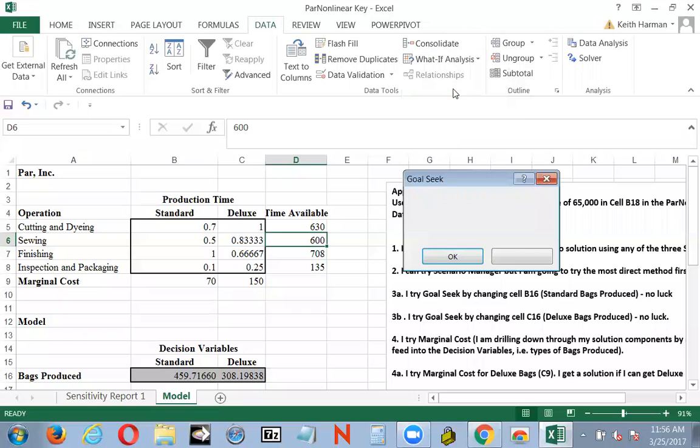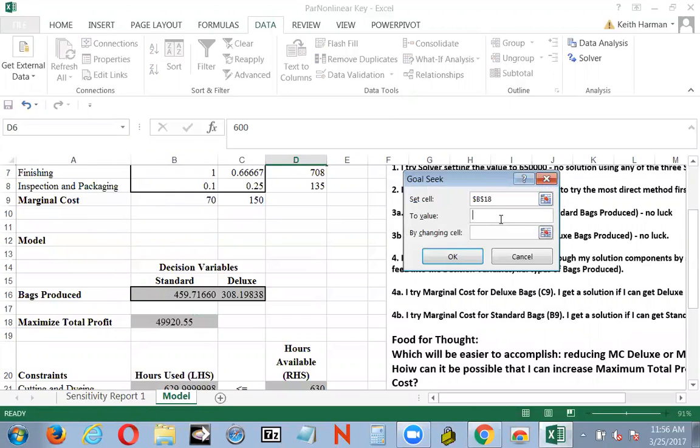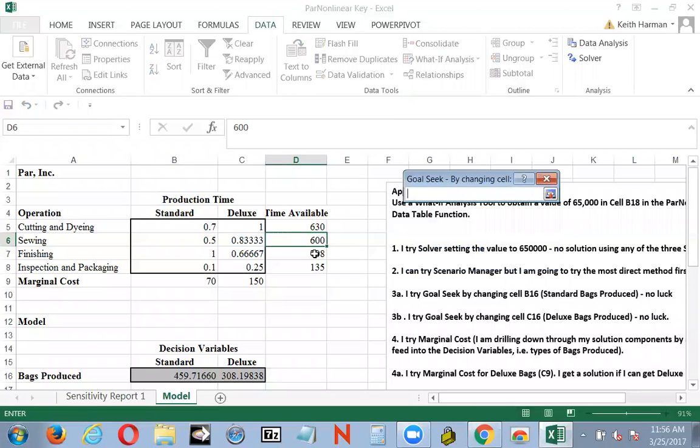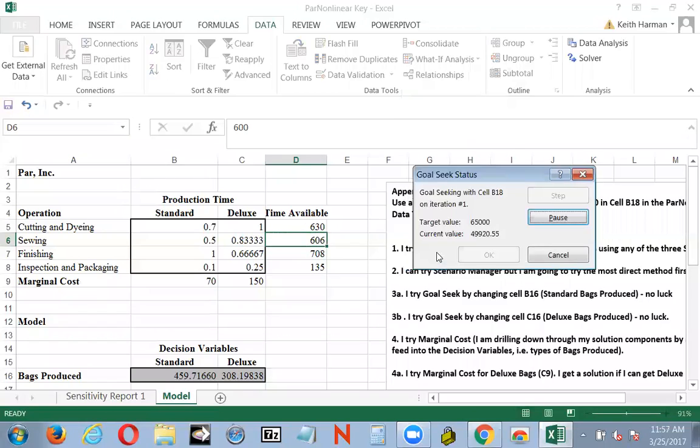And we'll use the goal seek. And I'm going to try B18 to 65,000 by changing cell, this time it's going to be cell D6, which is sewing. Let's see what we get. We'll probably get some nonsensical value again.